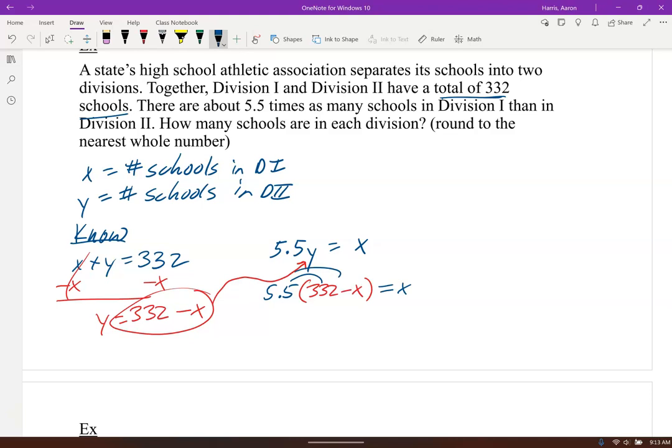And now I'm going to distribute that. So I got 332 times 5.5, I get 1826 minus 5.5x equals x.